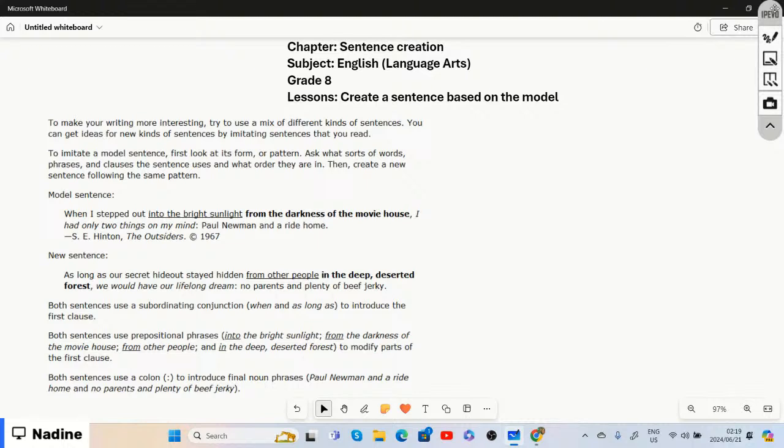And we said that when it comes to model sentences, we need to imitate a model sentence. We look at the form, we look at the pattern. We need to ask ourselves all sorts of questions, like what sort of words are being used, what sort of phrases are being used, and what sort of clauses are being used within the sentences and what order they are in.